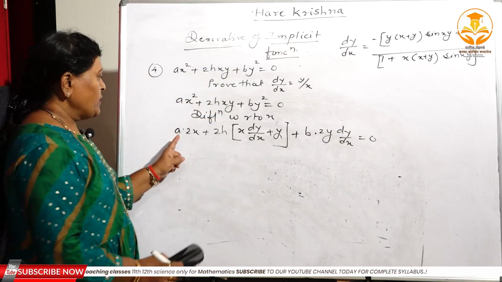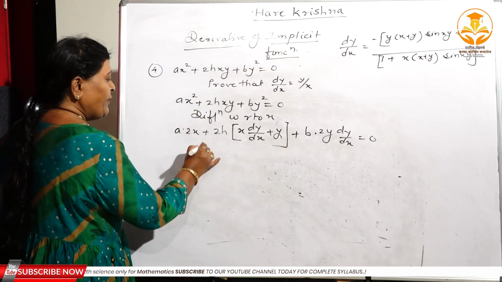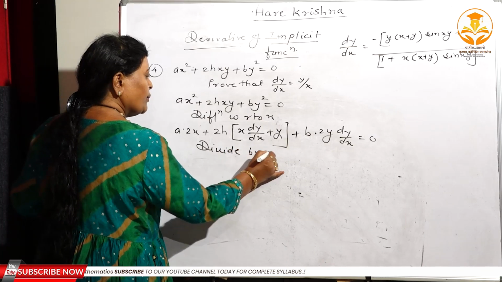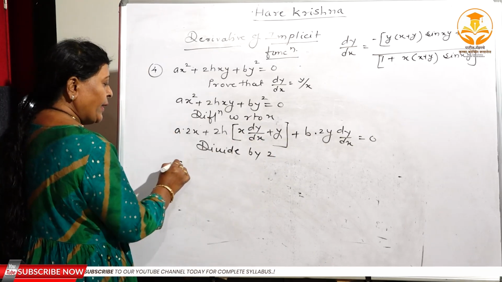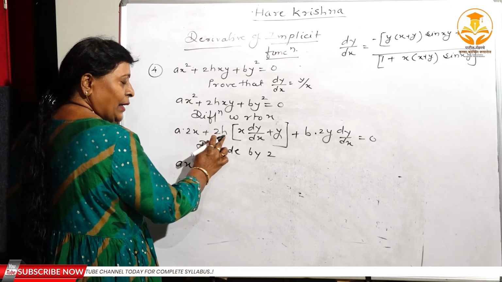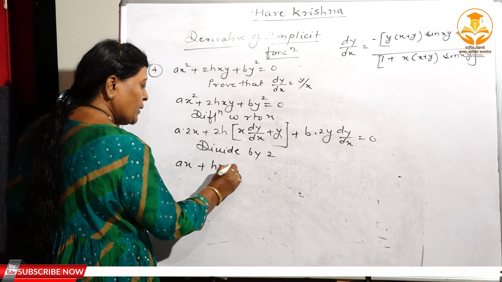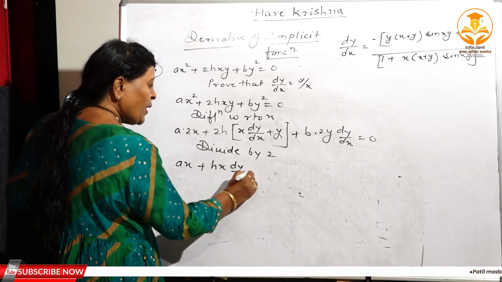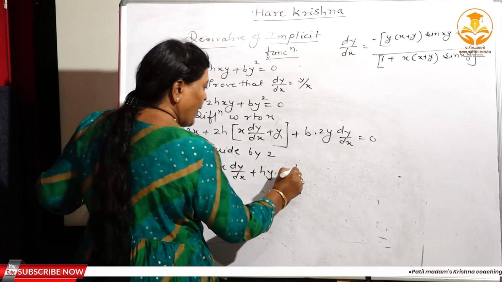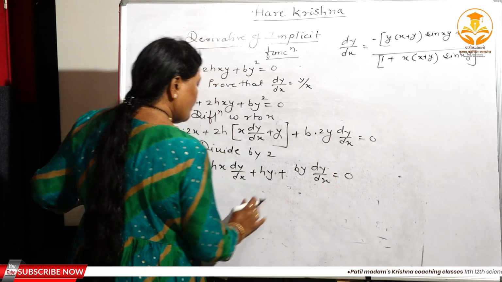Again, if you observe this, the first term 2, second term 2, third term 2. Therefore, you can divide with what here? Divide by 2, isn't it? When you divide it by 2, ax plus, the 2 gets cancelled, multiply h to this bracket and open the bracket: hx dy by dx plus hy. Again, divided by 2, by dy by dx, it is equal to 0.